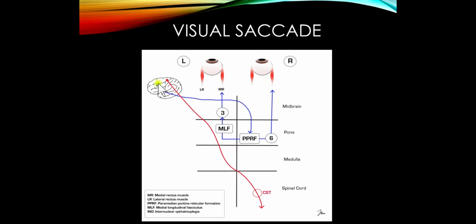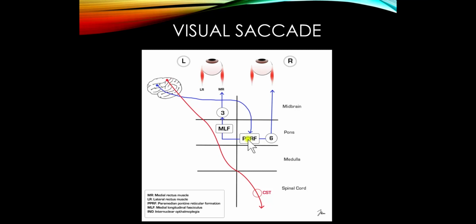Okay, and it does that through this pathway that activates the opposite PPRF sixth nerve complex in the pons on the opposite side. The PPRF, which is the paramedian pontine reticular formation, think of this as the horizontal gaze center of the brain. It's meant to coordinate our eyes when we're moving from side to side.